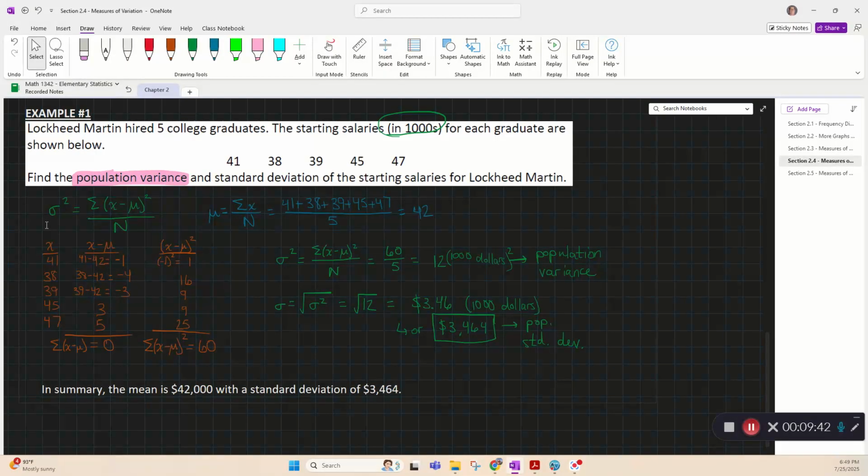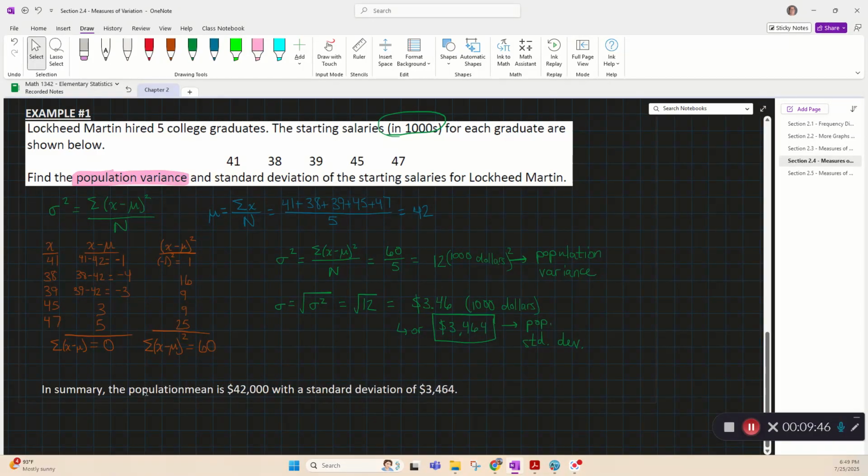There we go. I should clarify here. The population mean is 42,000 with our standard deviation. Okay, so that is population.